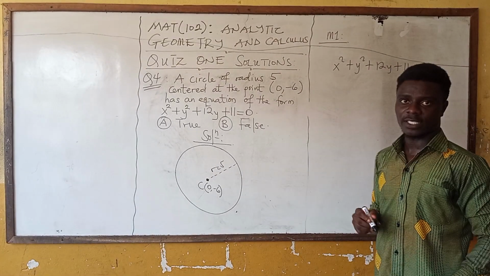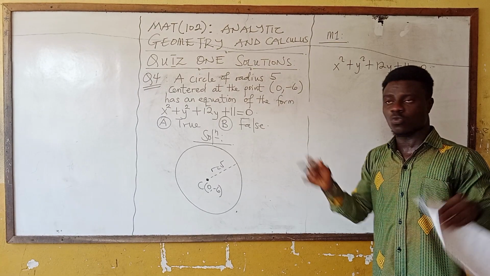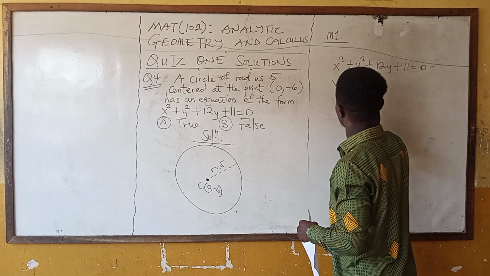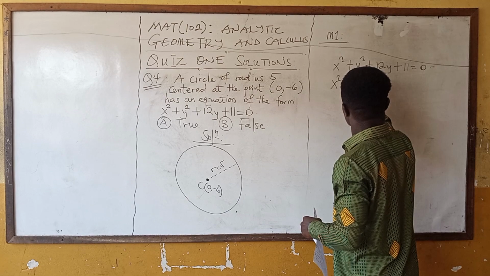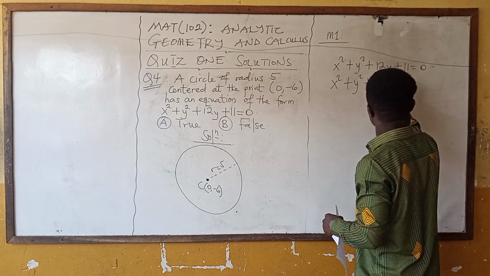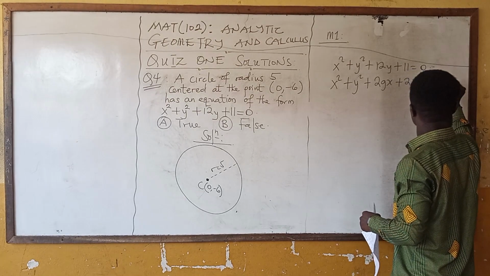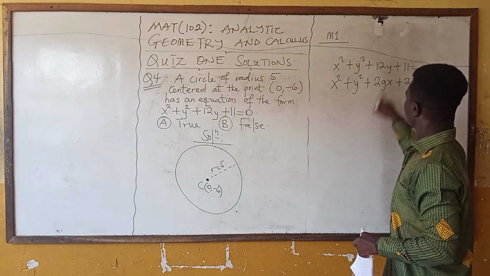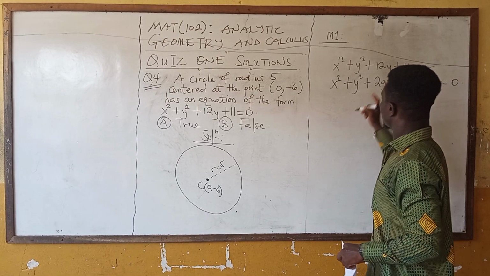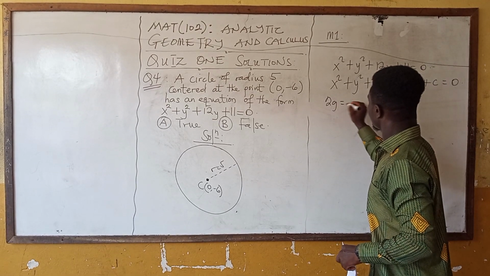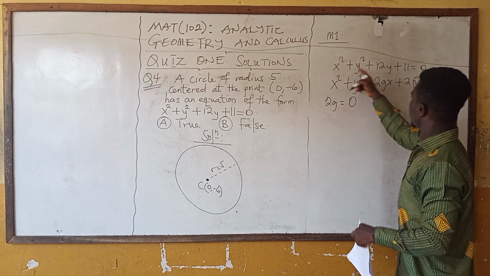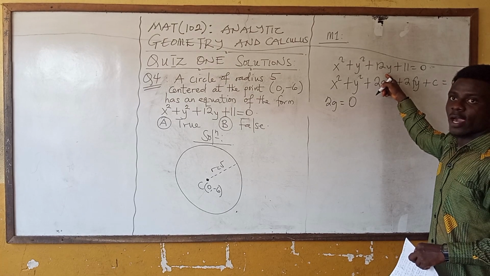Now, this is the equation of the circle. You can take the general equation of the circle, which is in the form x squared plus y squared plus 2gx plus 2fy plus c equals 0. So now, when we compare, we can see that 2g is equal to 0 because there is no term here for x.